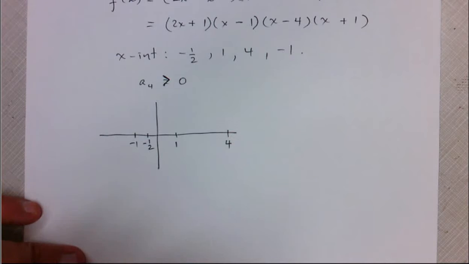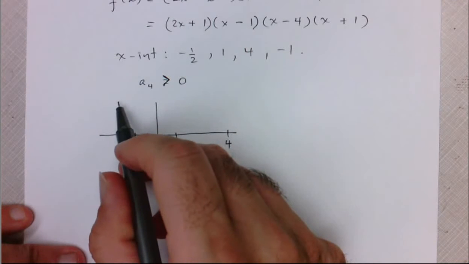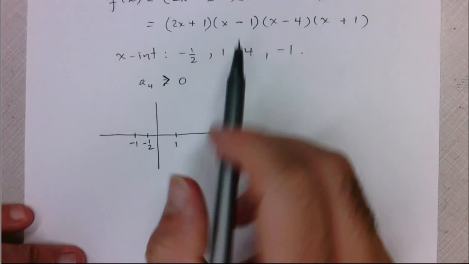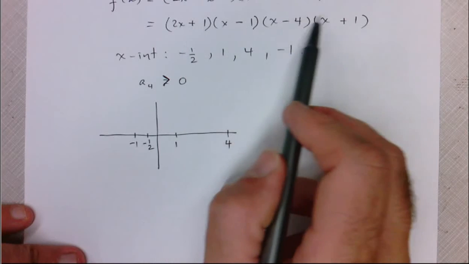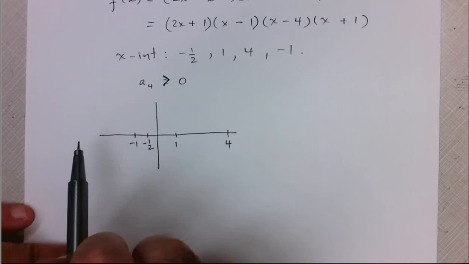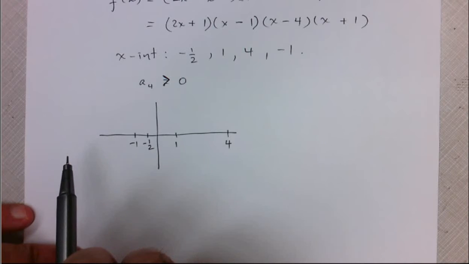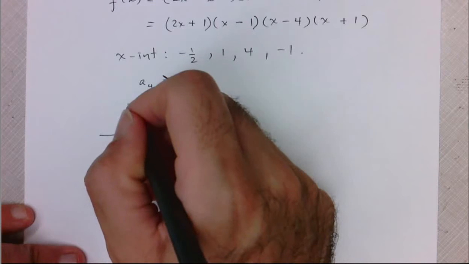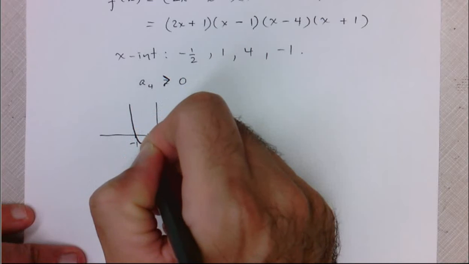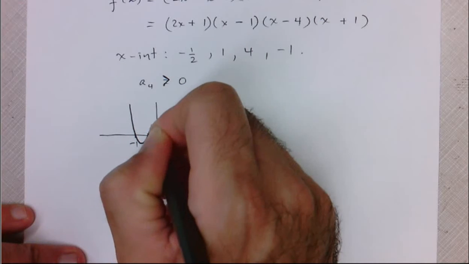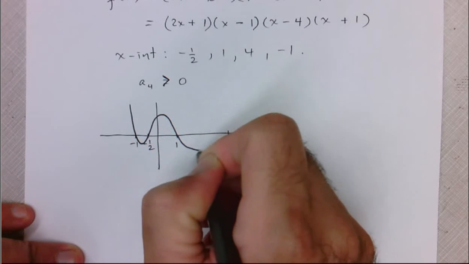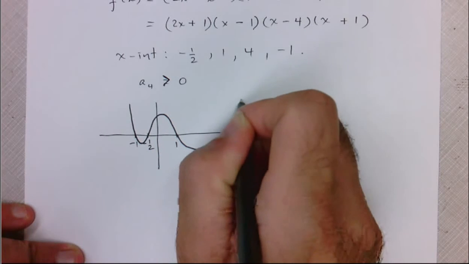So we know that the end behavior goes to positive infinity on both sides, and we notice that all these factors have an exponent of 1. So these are all order 1 zeros. So I start at positive infinity. I know it's going to have to go through -1, come back up, go through -1/2, come back down, go through 1, and then eventually come through 4.